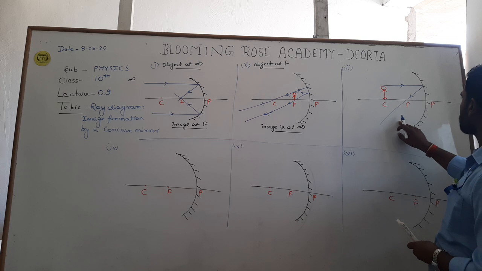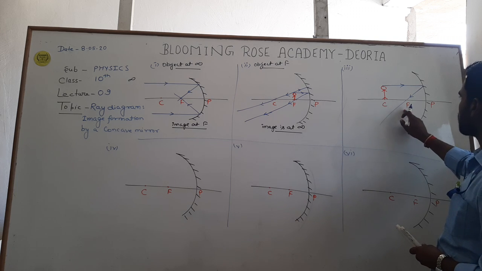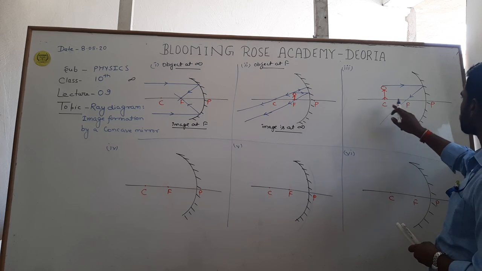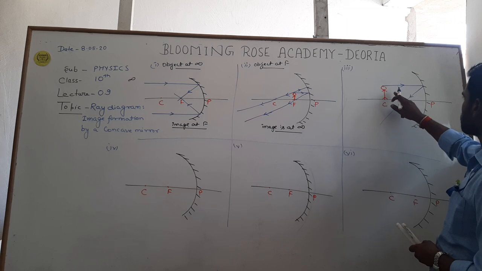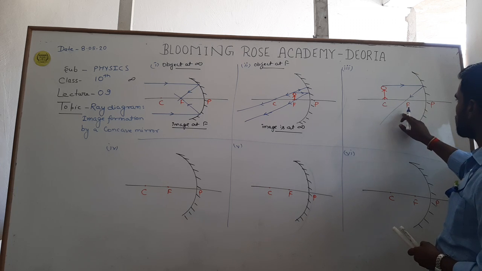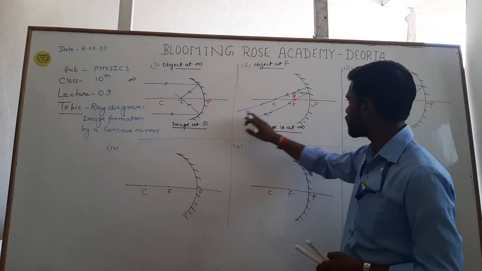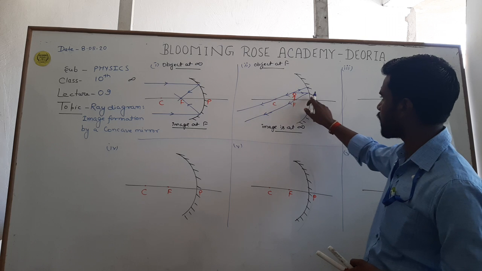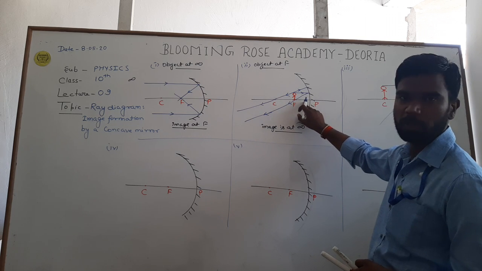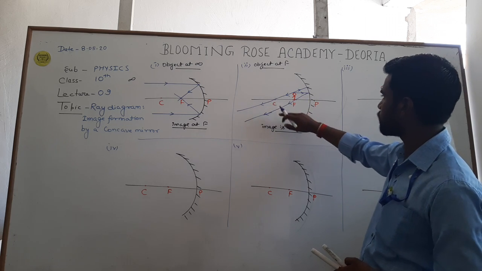Then for the next position, we will again take two conditions, because we have to take two everywhere. First is parallel to the principal axis, and second through the center of curvature.